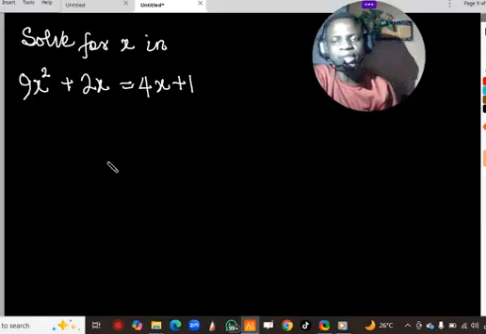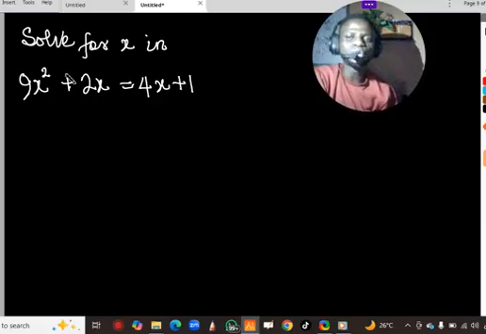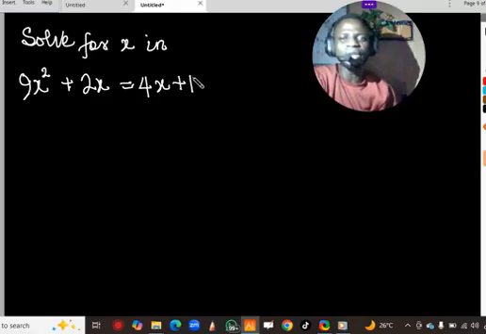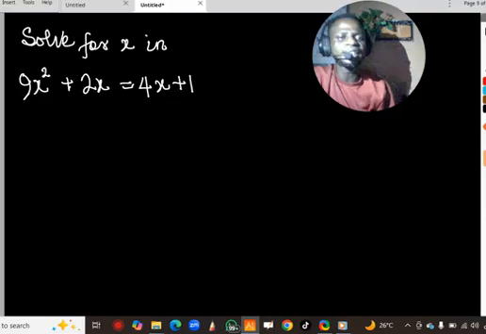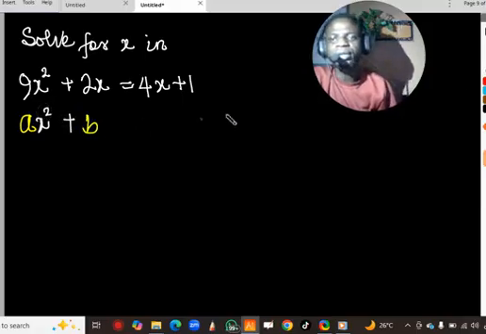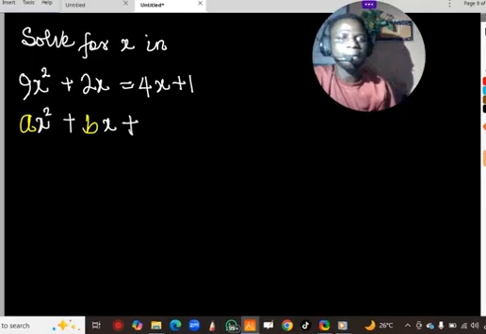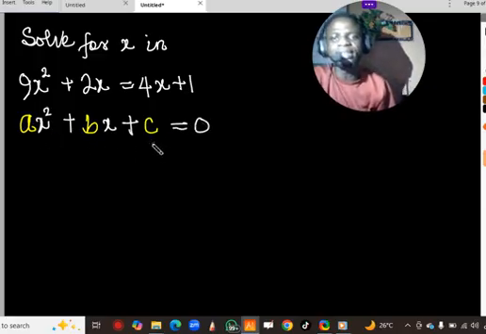And to solve this, we have to let this question appear in the general form of a quadratic equation, which says that the general form of a quadratic equation is ax squared plus bx plus c equals 0, where a, b, and c are constants.